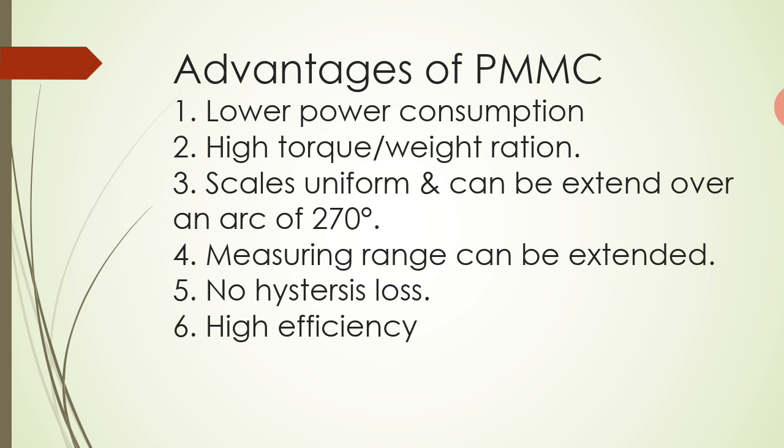Next are the advantages of the permanent magnet moving coil instrument. First, they have low power consumption. Second, they possess a high torque ratio. Third, their scales are uniform and can be designed to extend over an arc of 270 degrees.